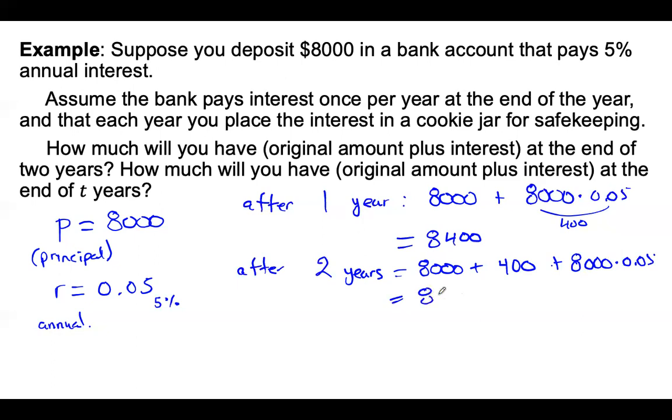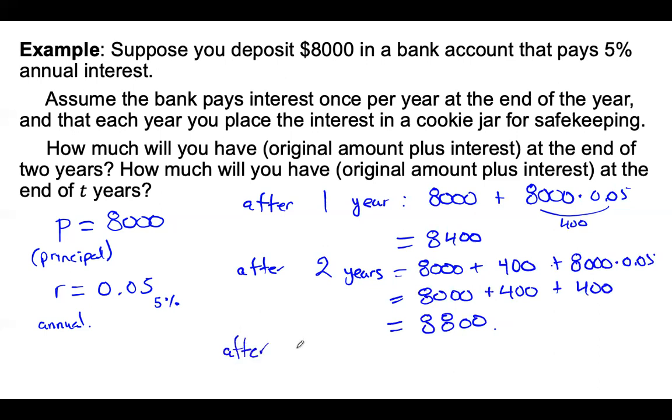So it's going to be 8,000 plus 400 from this part previously, plus this part. So we're going to get 8,800, because remember that amount goes in a cookie jar after 1 year. That's the idea of simple interest, which is not really that practical, but okay.